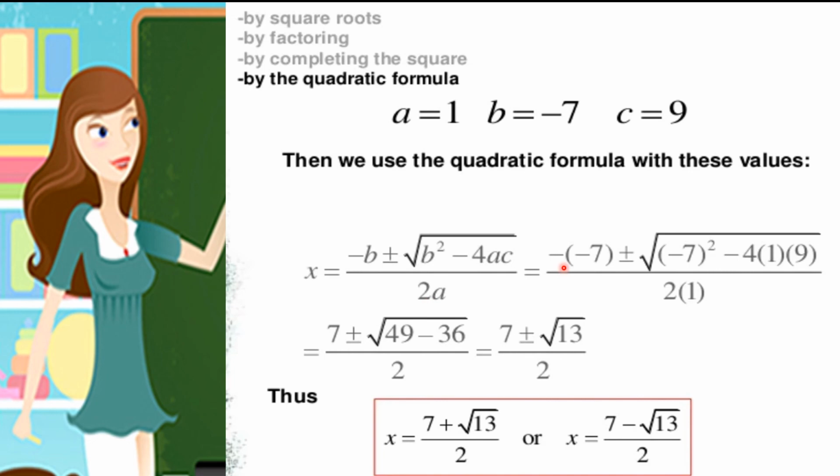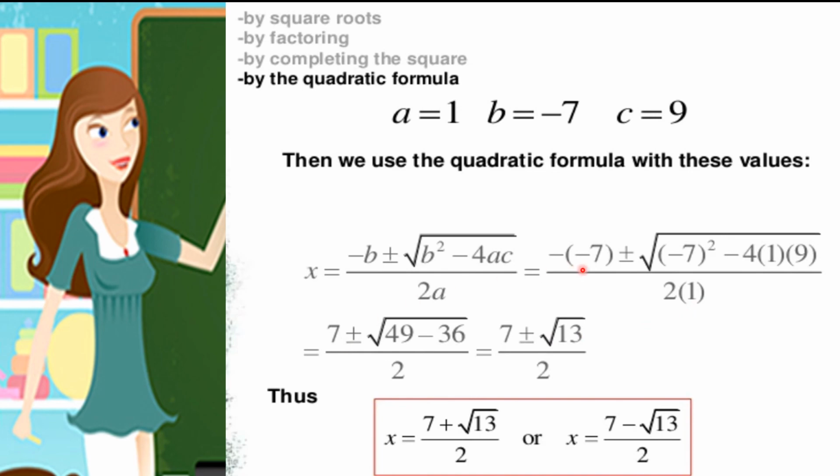So, we have negative times the quantity of -7 plus minus square root of the quantity of -7 quantity squared minus 4 times 1 times 9 all over 2 times 1. So, substitute, solve.